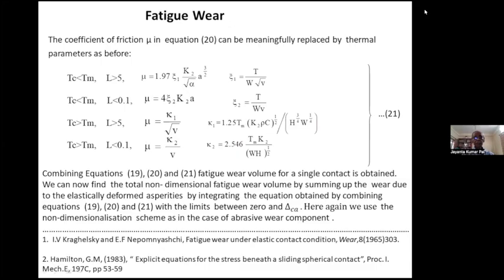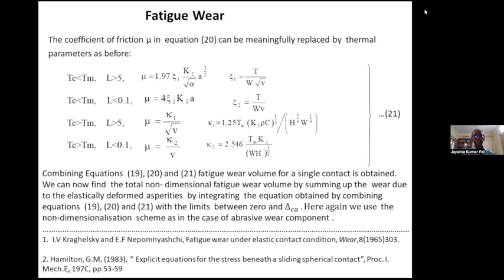So, when we combine equation 19, 20, and 21 and integrate them, then we must do it between 0 and capital delta CA. Capital delta CA has been explained earlier to be the critical deformation which distinguishes between the elastically and plastically deformed asperities.